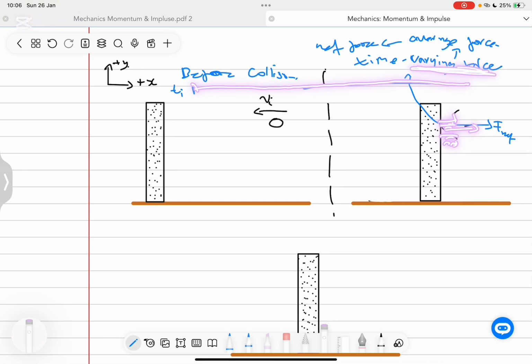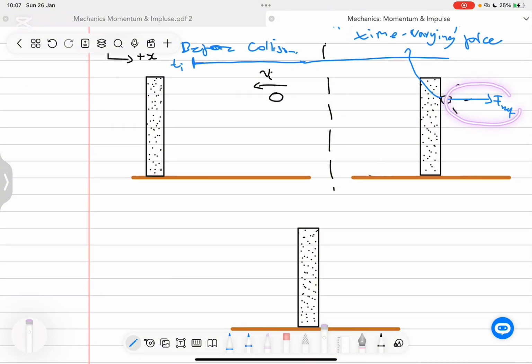So the force will be varying, changing from 0 to maximum, then going back to the smallest. It will be varying with time as the time is going on. To understand this concept, go to the previous lesson where we introduced impulse. We spoke extensively and in detail about this phenomenon.